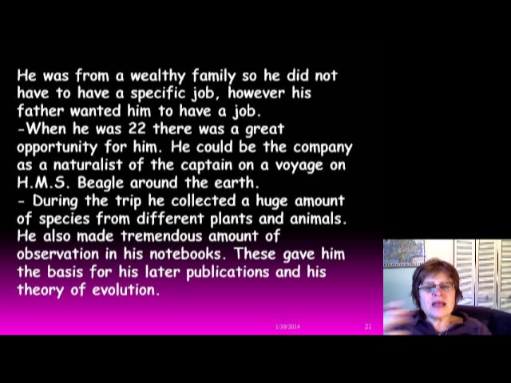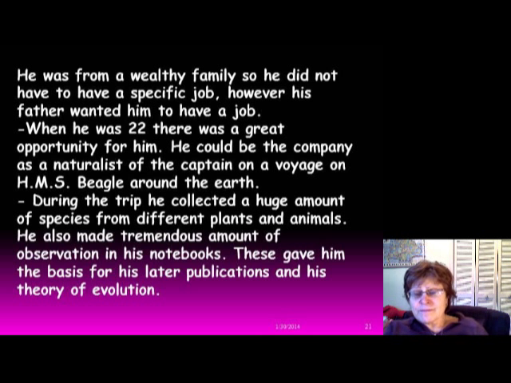During this trip, he was very, very meticulous. He made an amazing journal of his trip where he collected every kind of plants and animals, and he described them in great detail, drew them, and collected every single thing during this trip.